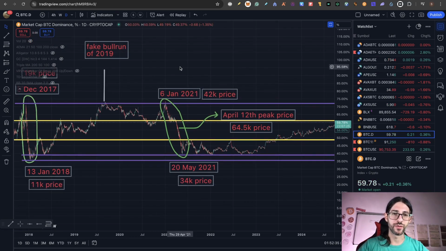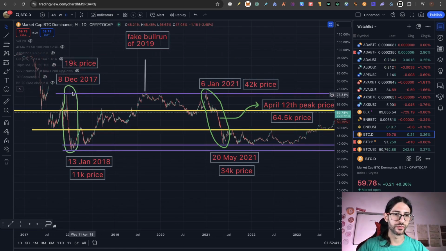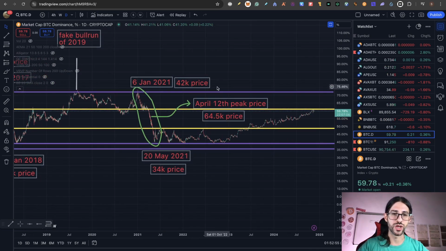But with all this information on the Bitcoin dominance, you can now understand. Just for recap, the previous tops of Bitcoin happened at the top of the dominance in one bull run and, in the other, in the middle of the dump of the Bitcoin dominance. So this area is very important when you think that we are already topping out on the Bitcoin dominance.